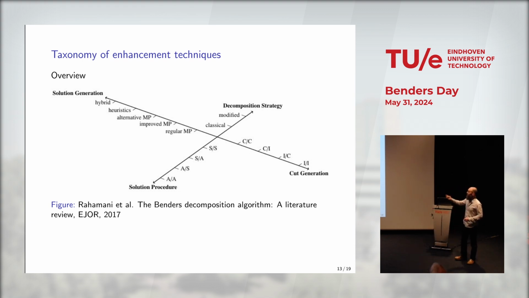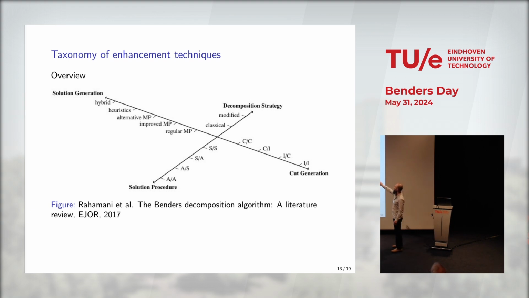Now I took this figure from Rahmani, which is the literature review on Benders decomposition. I wanted to show where the implementations currently sit, okay? So I'm going to abuse this cut generation one a little bit.